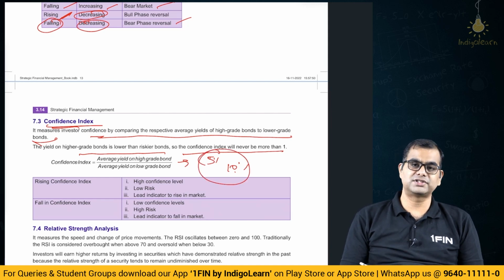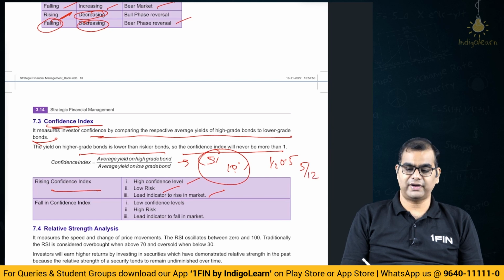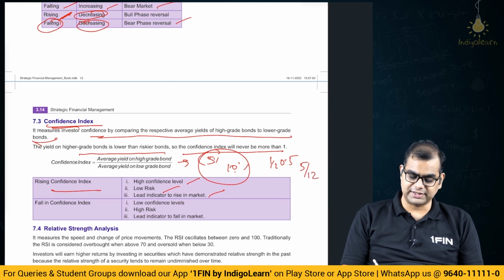Now, what is the point of this confidence index? A rising confidence index means high confidence, low risk, and a lead indicator of a rise in the market. So 5 by 10 is 1 by 2, which is 0.5. What is 5 by 15? It is 0.33, so it is reducing.